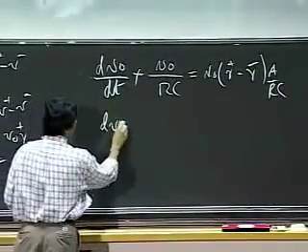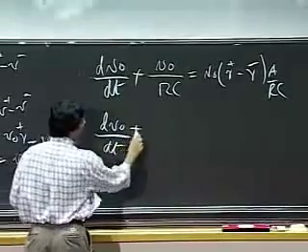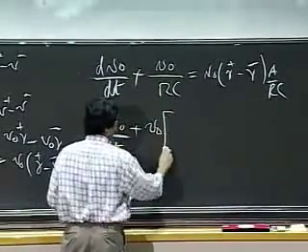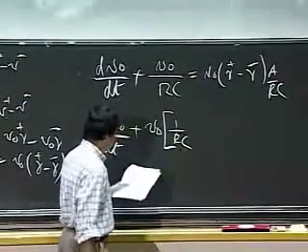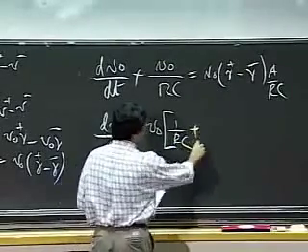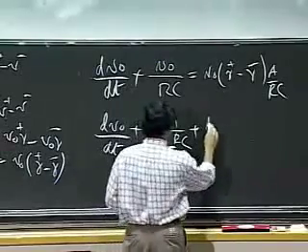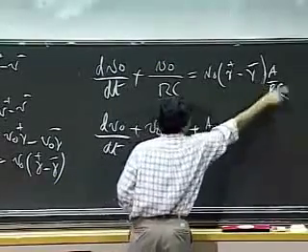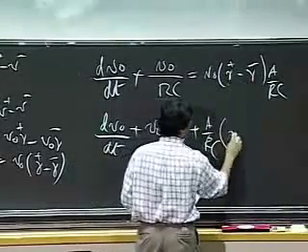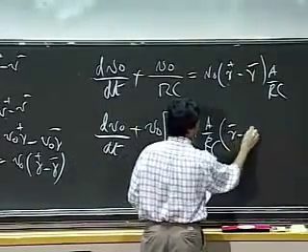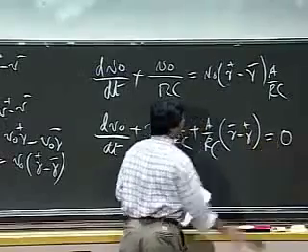So finally, collecting all the V naught terms, I get V naught times 1 divided by RC plus A divided by RC. I got a plus sign here, so I'll reverse these two: gamma minus minus gamma plus, equals 0.